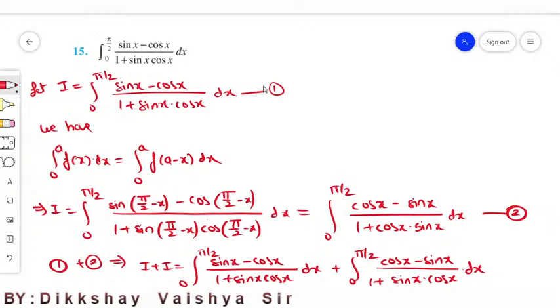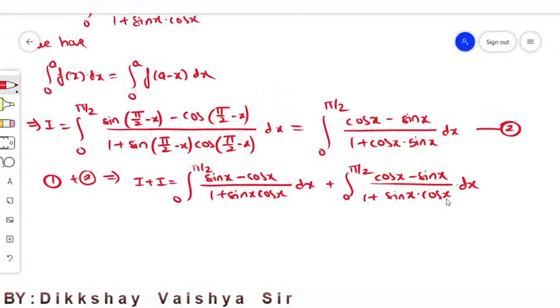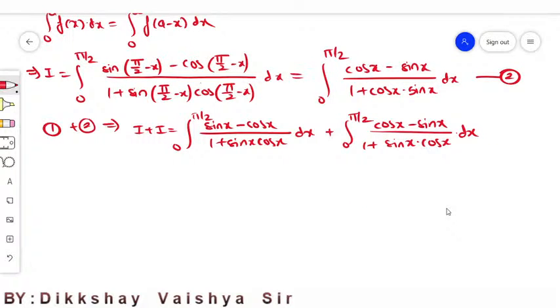Now the denominator is common, so while taking the common denominator, what will we be left with?